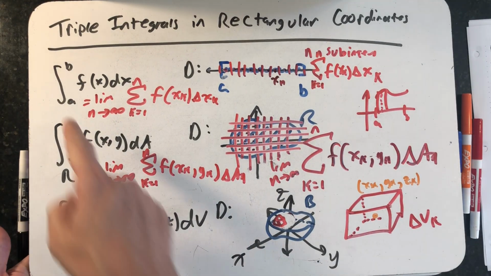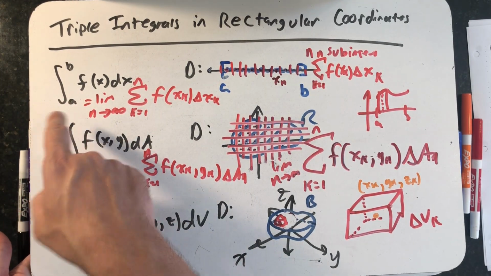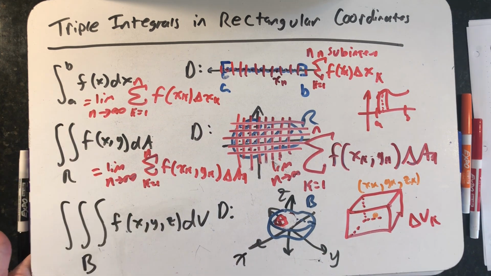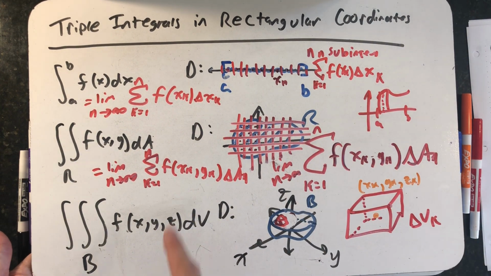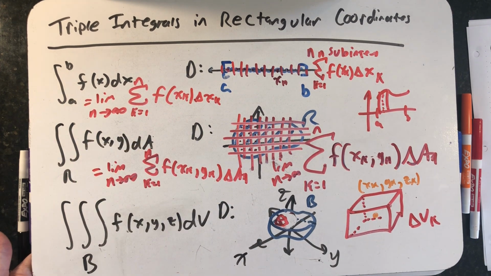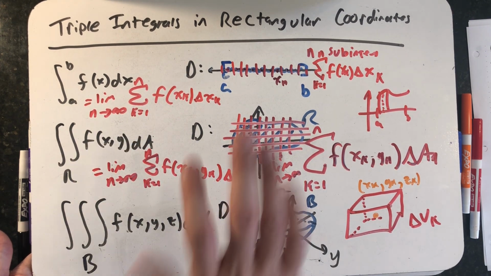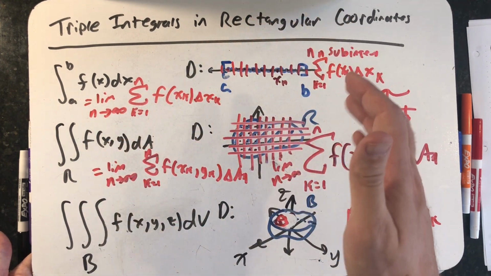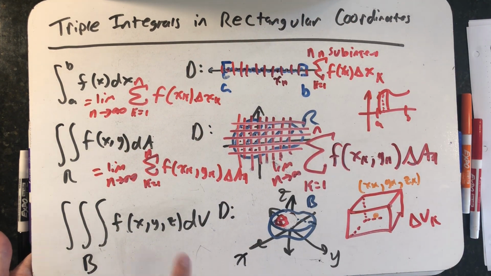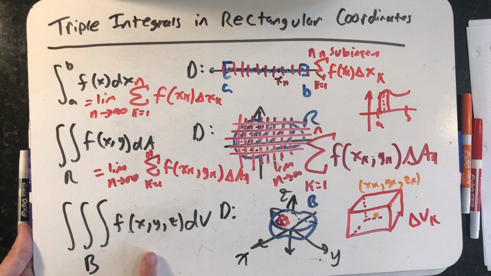So when I thought of my single integrals of functions of one variable, right, I thought of the answer as being an area, because I had a height times a little width. Here, if I had a function over the region R that was positive, I thought of this double integral as a volume. And here, well, I would need a fourth dimension.